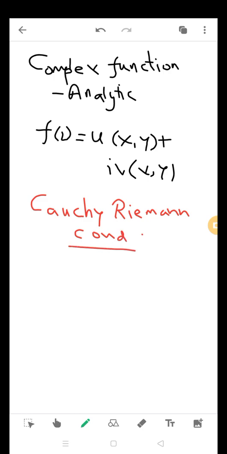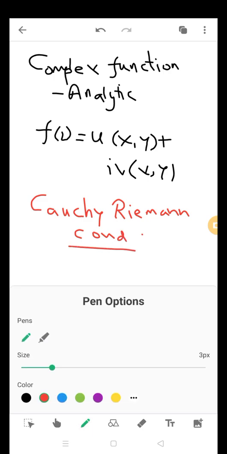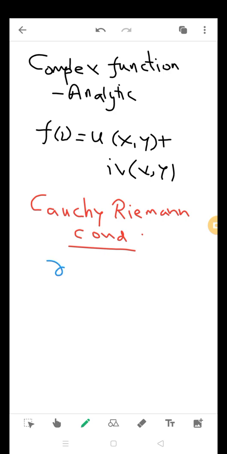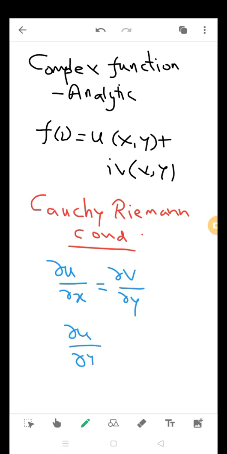According to the Cauchy-Riemann conditions, if del u by del x is equal to del v by del y and del u by del y is equal to minus del v by del x, then we can say that the complex function is analytic, otherwise not.